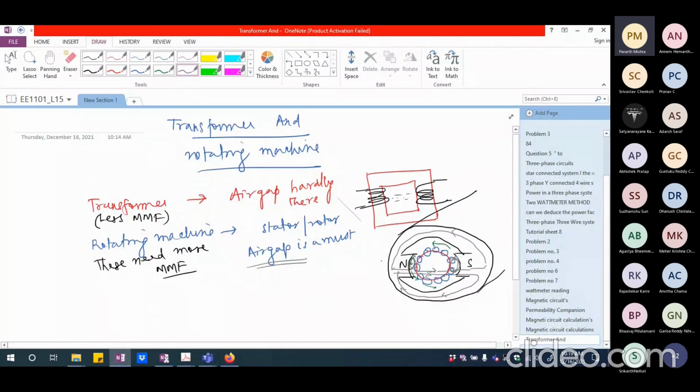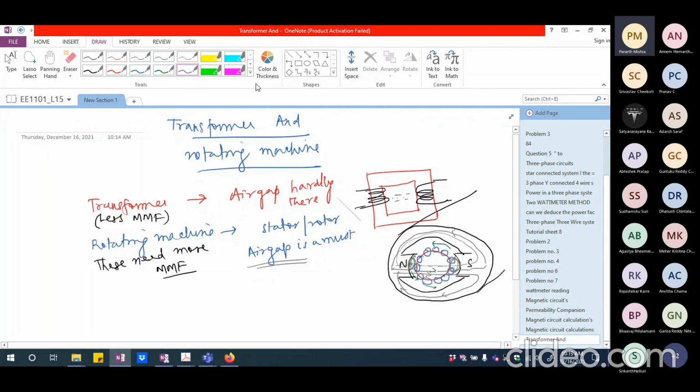Now, whatever flux is produced by the stator has to link with, or have its influence on, the rotor conductors also. Otherwise, it's not going to be useful for the electrical machine's torque production or voltage production.